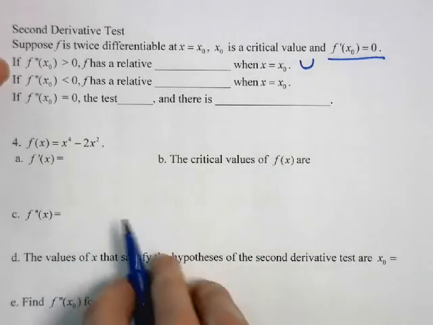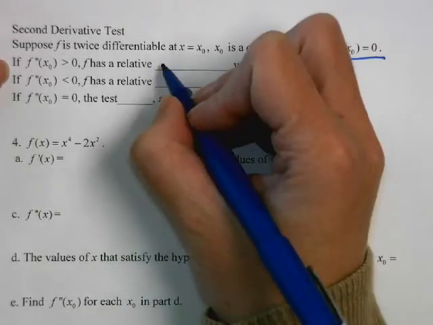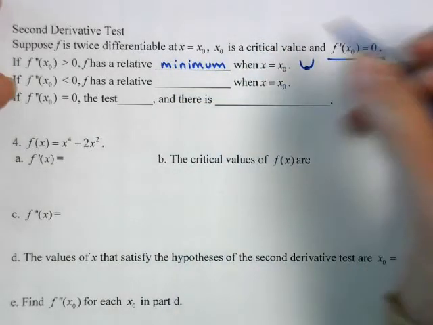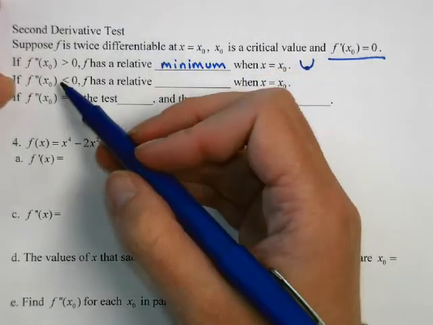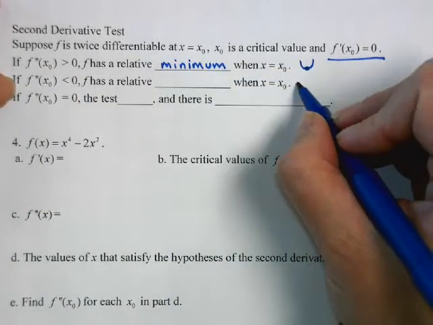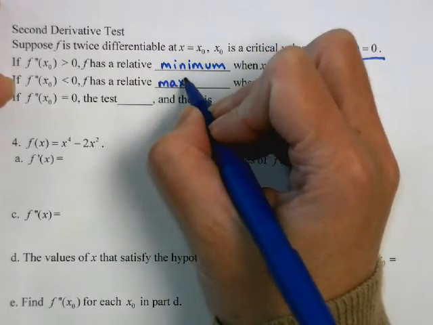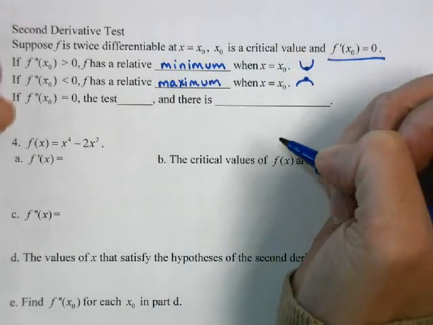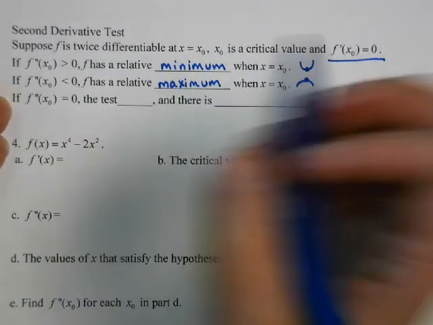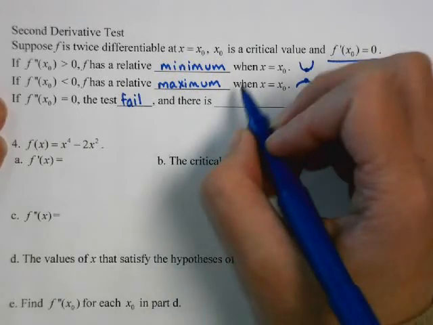Well, if it's concave up and our slope is 0, that means we have a minimum. If the first derivative is 0 and the graph at that point is concave down, meaning the second derivative is less than 0, then we have a maximum. But if both the first derivative and the second derivative are 0, we can't test. We can't do anything. Test fails and there's no conclusion.